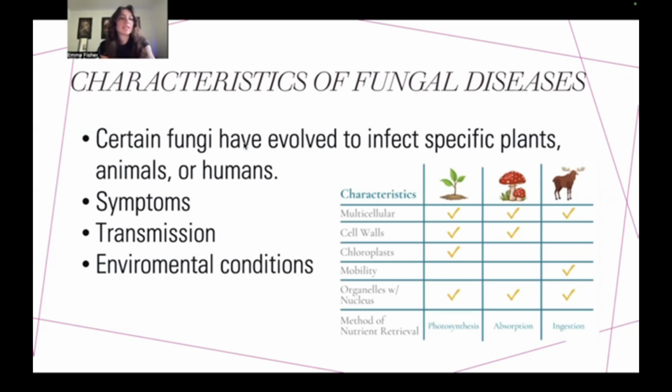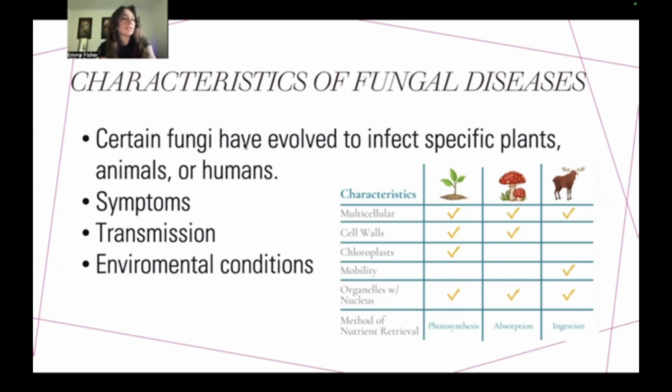Different fungal species can have various mating structures, such as asci in Ascomycetes or basidia in Basidiomycetes, which facilitate genetic recombination. The method of reproduction can influence the spread and severity of fungal diseases.